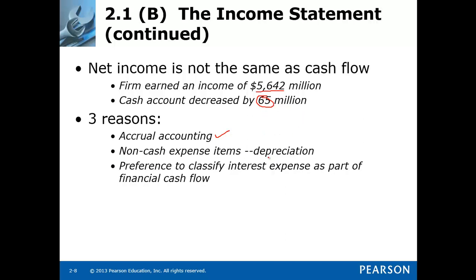The non-cash expense items, like the previously mentioned depreciation, and the preference to classify interest expense as part of financial cash flow. If you remember from your cash flow statement analysis lesson in accounting, cash flows are broken up into three sections.